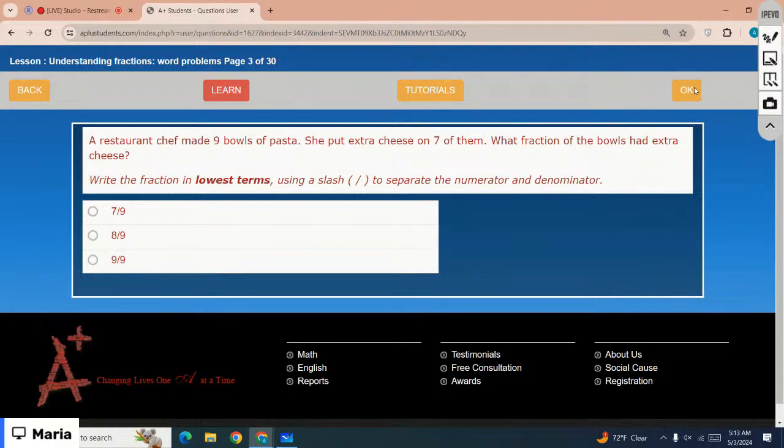A restaurant chef made seven bowls of pasta. She put extra cheese on seven of them. What fraction of the bowls had extra cheese? Which is the correct option?